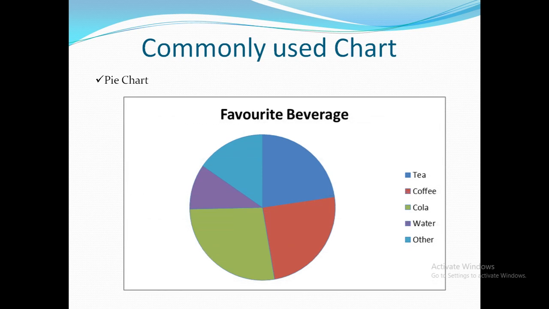Next commonly used chart is the pie chart. This chart represents data in the form of a circle and plots data for a single data series. In this, each data point is illustrated as a slice. Therefore, the value of each data point is interpreted as a percentage.